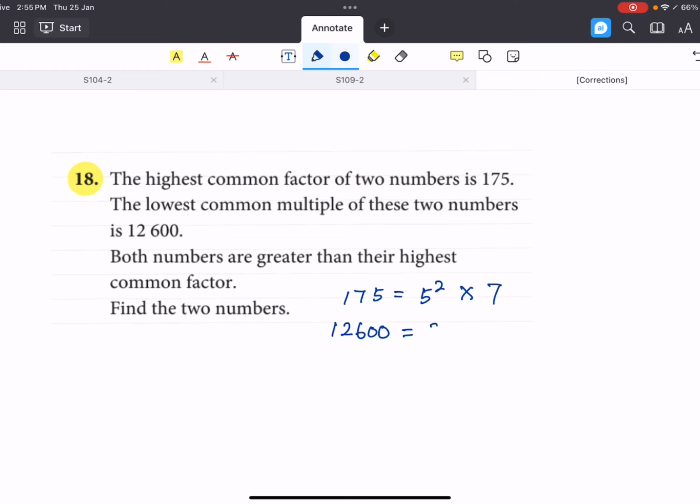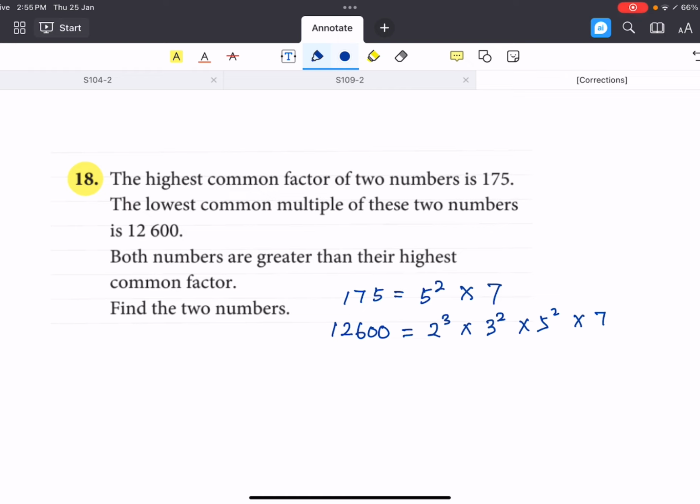So 2 to the power 3 times 3 to the power 2 times 5 to the power 2 times 7, right?